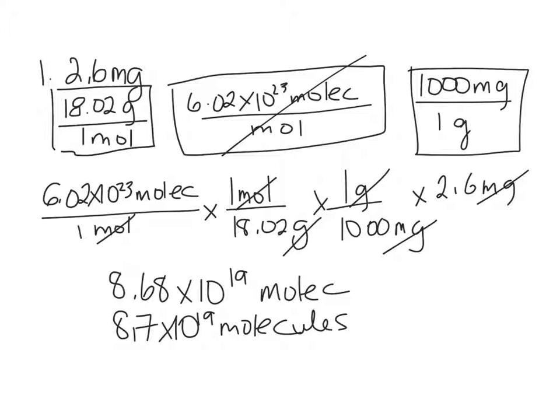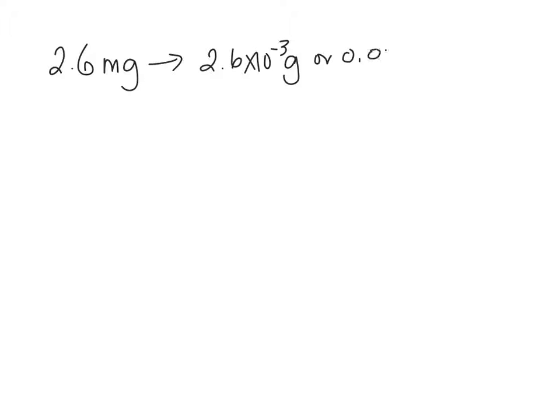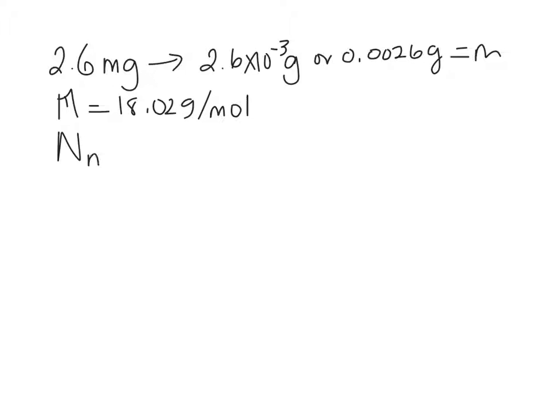Okay, now let's do it with formulas. Same question. We've got 2.6 milligrams of water. So you have to convert that to grams. We know the molar mass, 18.02 grams per mole. We know Avogadro's number.